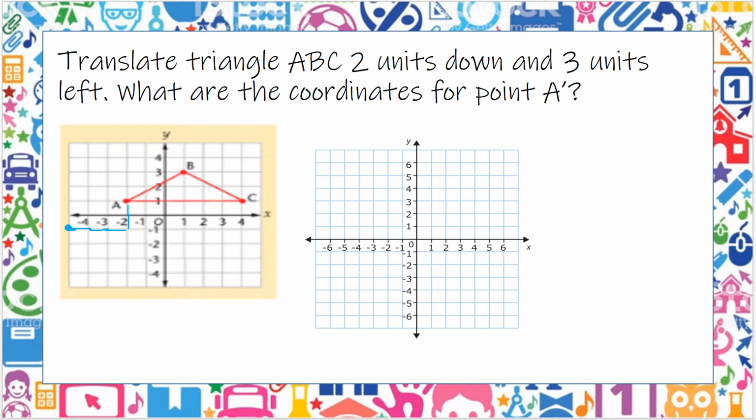So that would be at -5, -1. That would be A prime. Then C, we're going to move down 2, 1, 2, and move 3 units to the left, 1, 2, 3. So it would be at 1, -1. That would be C prime. And then B, we're going to move down 2, 1, 2, and left 1, 2, 3. So that would be at -2, 1.